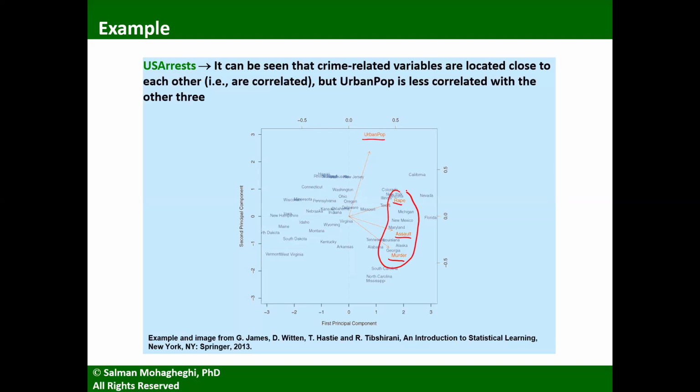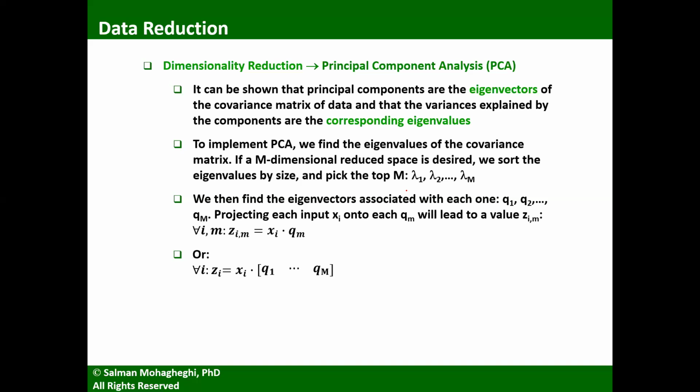But as you can see, urban population is not very correlated with those quantities. So that's another indication that it made sense to have one dimension Z1 representing crime and another dimension representing urban population.